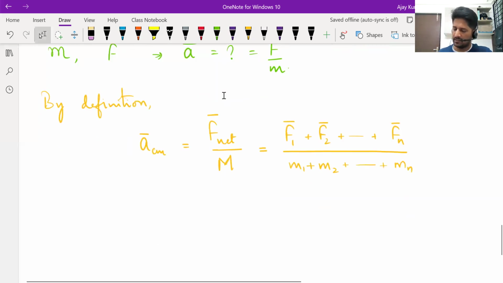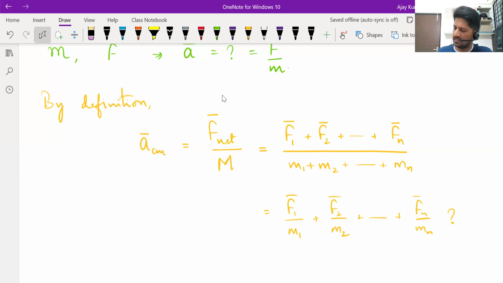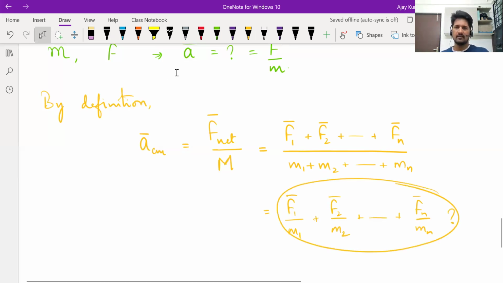Now tell me, can we write this as F1 by m1 plus F2 by m2, and so on up to Fn by mn? Can it be written like this? Quick, yes or no? Aishwarya, what do you say? Pawan, what do you say?